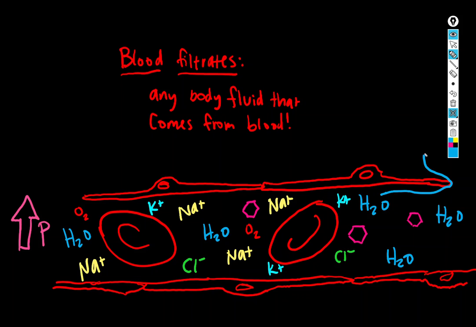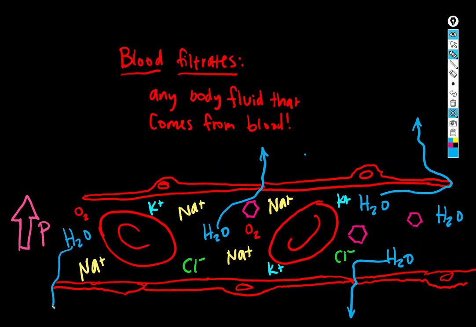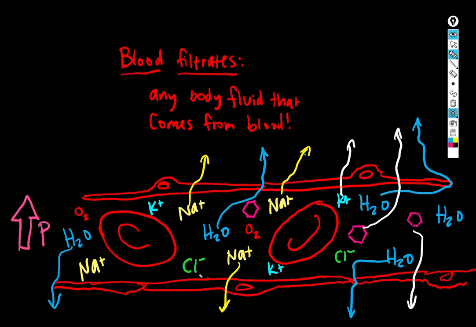So water is going to leak out, and with that water, so will the ions, and so on and so forth. You get the idea. And then glucose can come along for the ride, and some dissolved oxygen. So the stuff that leaks out does not contain any blood cells.